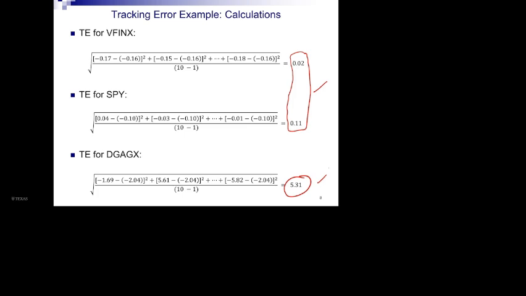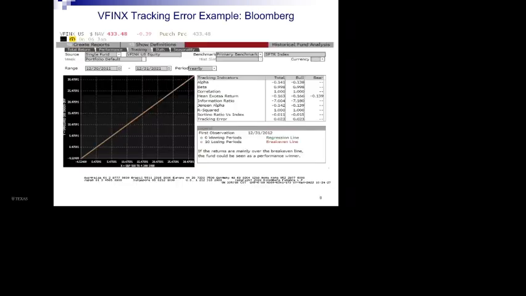And then finally, let me just note that Bloomberg produces these calculations as well. So what I've done is for each of these three index funds, looked at their annual data over the last 10 years, just the calculations we've looked at relative to the S&P 500.